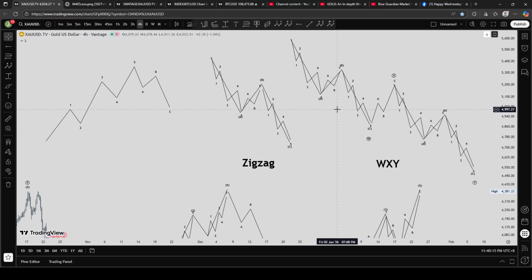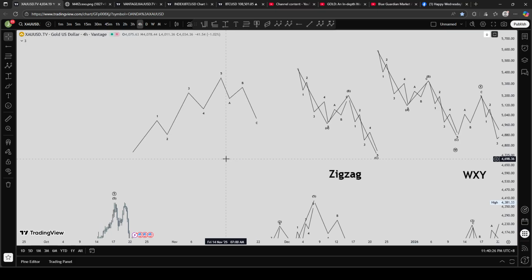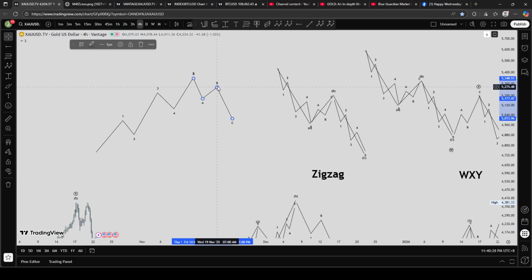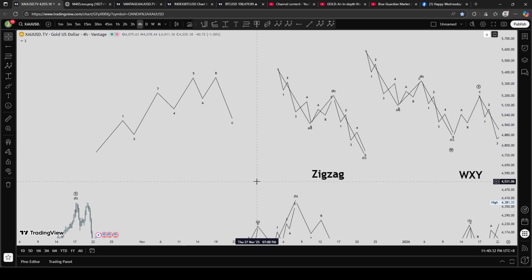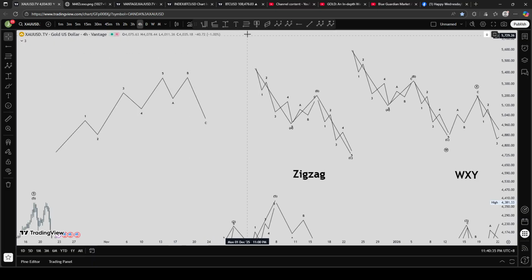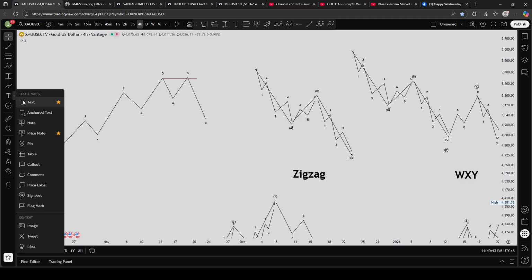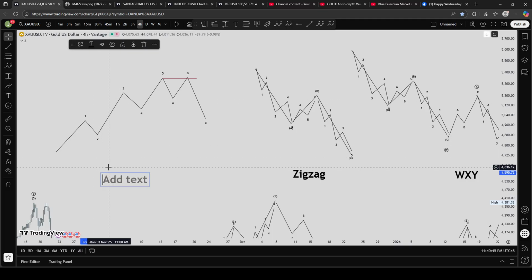And when the correction becomes extended, we upgrade the zigzag into a double zigzag or a WXY correction. Now, however, there are times wherein wave B will sweep the high of the fifth wave. And when this happens, like this one, we will consider it an expanded flat.